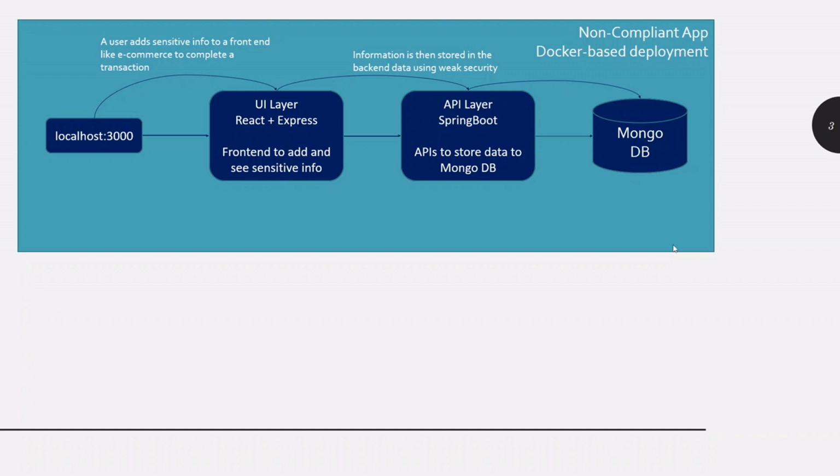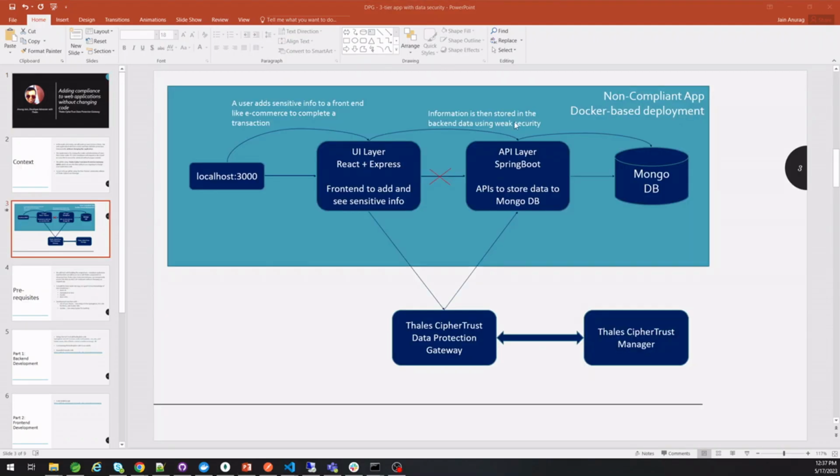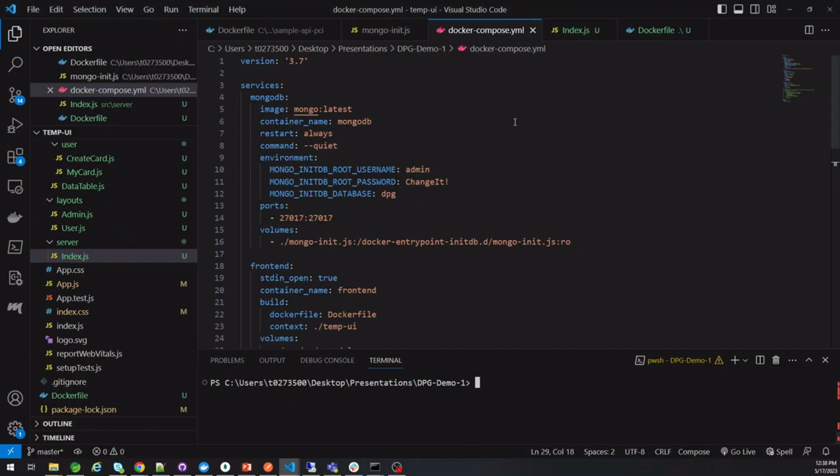You can do the same using Kubernetes or Docker Swarm or any other orchestration tool you prefer. But for the sake of this demo, I'm going to just use Docker compose.yaml to deploy all three components, which is the Mongo database, the API layer, and the UI layer. And then we will move towards adding another container to the mix, and that will be the Thales data protection gateway container.